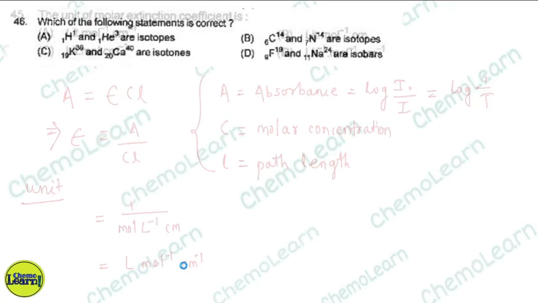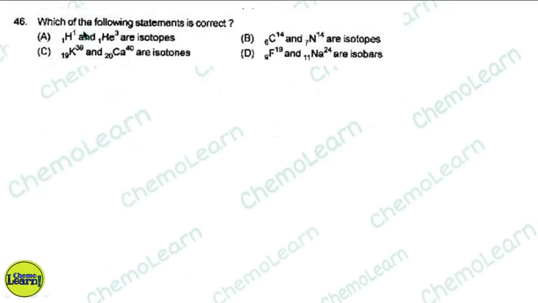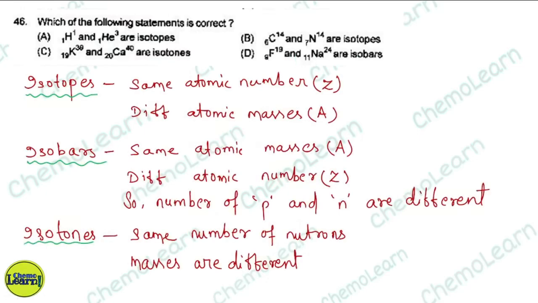Question number 46. Which of the following statements is correct? Hydrogen and helium are isotopes. Potassium and calcium are isotones. Carbon and nitrogen are isotopes, or fluorine and sodium are isobars. So we have to know what is isotope, what is isobar, and what is isotone. Isotopes mean two elements having the same atomic number but different atomic masses.